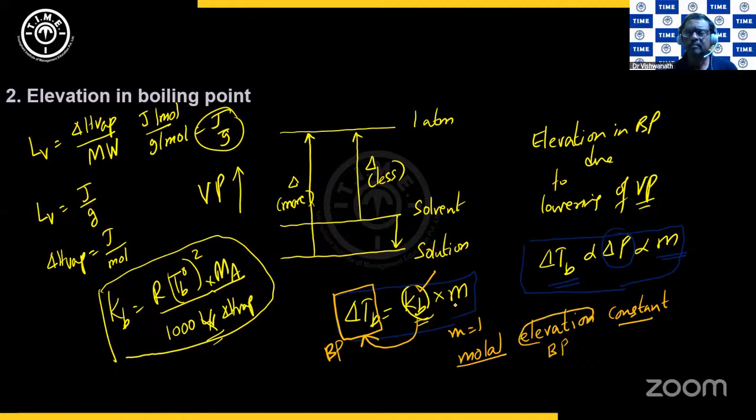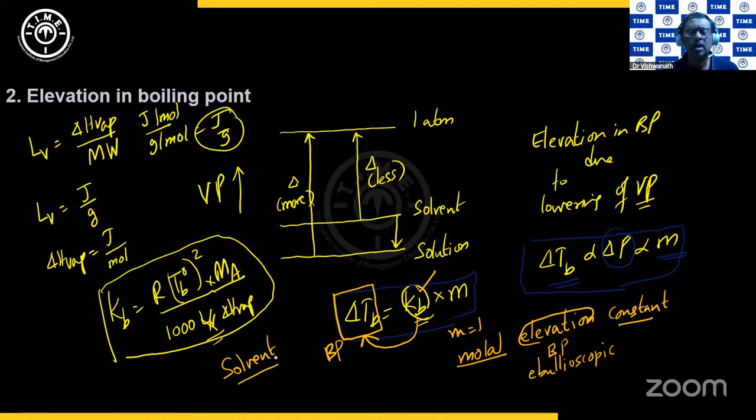That is Kb. So it is also called the ebullioscopic constant. Molal ebullioscopic constant, because ebullioscopy means boiling of liquids. So molal elevation constant or molal boiling point constant or molal ebullioscopic constant is this Kb. That Kb is dependent only on the solvent.